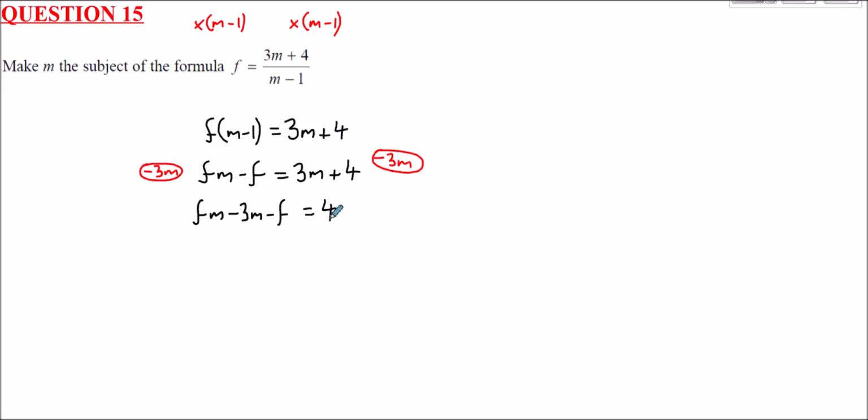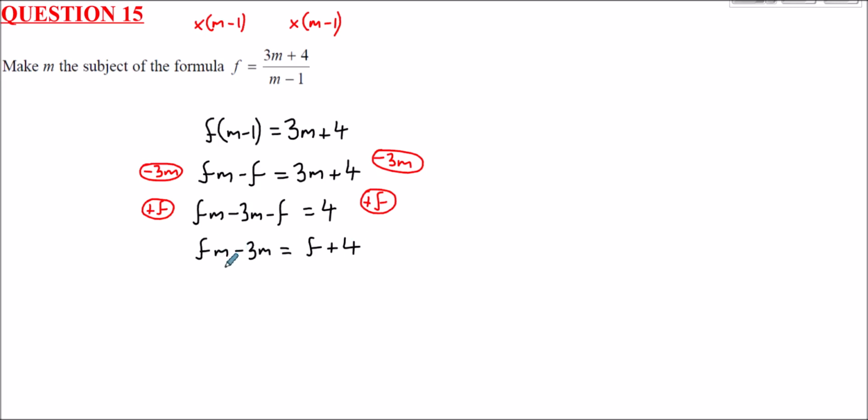equals 4. We just want m's on their own, so what we can do here is add f to both sides. So we've got the m's on one side, f's on the other. So this gives us fm minus 3m equals 4 plus f, or f plus 4.